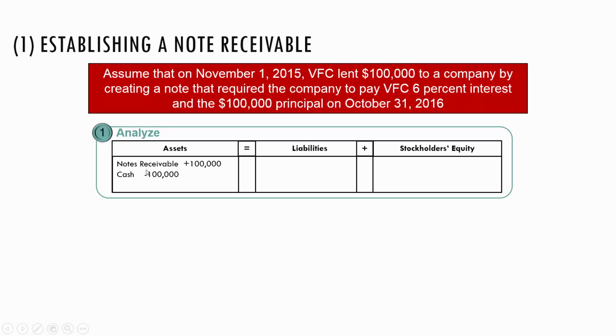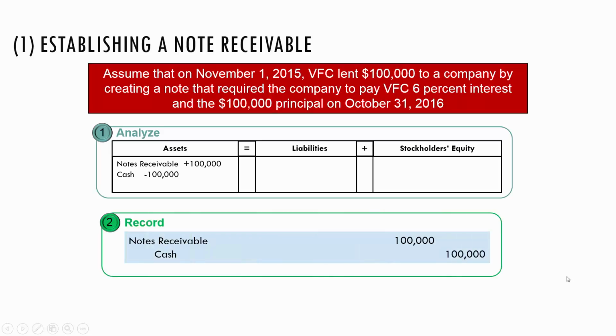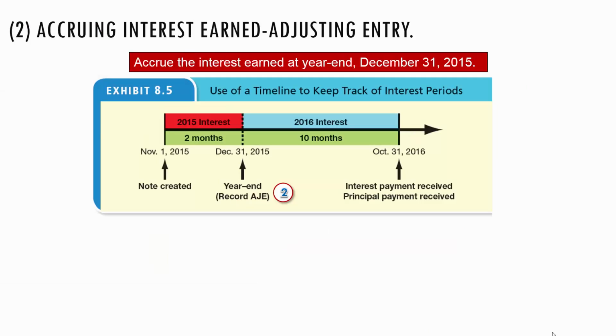If we were recording a sale, it would be a note receivable and it would be a sales credit. In this particular case, we are loaning someone money. And so we are giving up $100,000. We're giving it to them and they're assigning a note. And so we have a note receivable recorded. This is an asset, this is an asset, and it's an asset swap. It shows up here when we analyze this transaction.